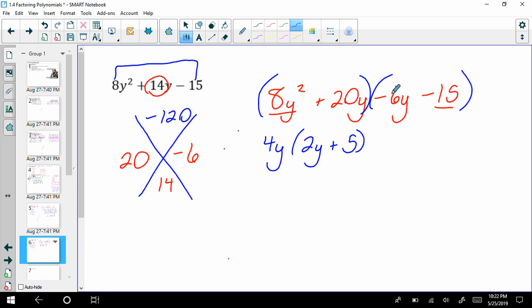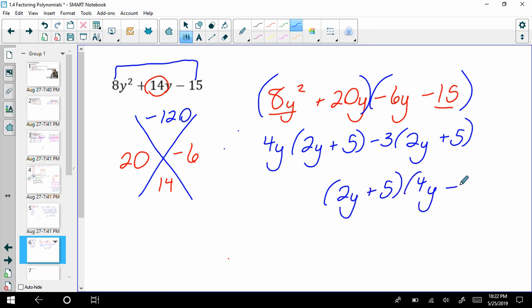So I would have to take out, the biggest thing I can take out is 3, but I want to do a negative 3. So I end up with 2y plus 5 and 4y minus 3. That is the factored form.